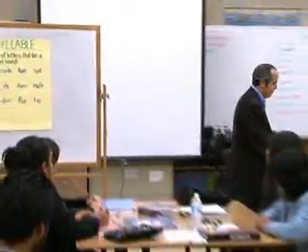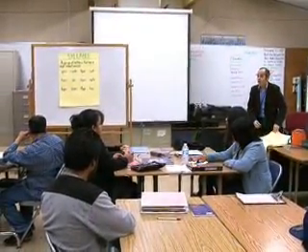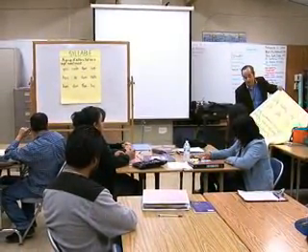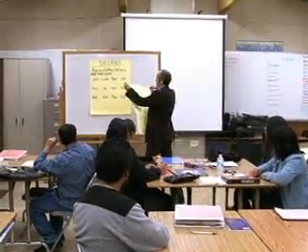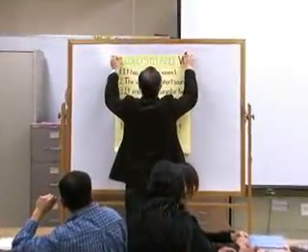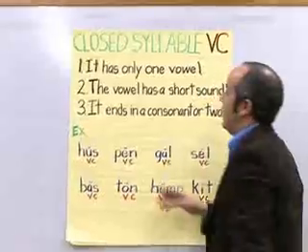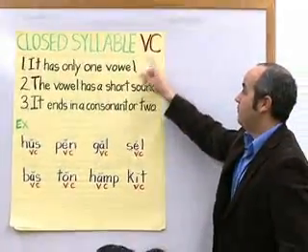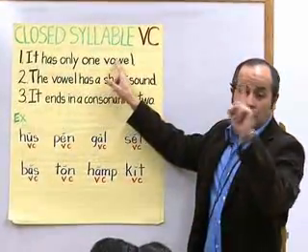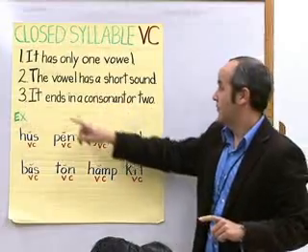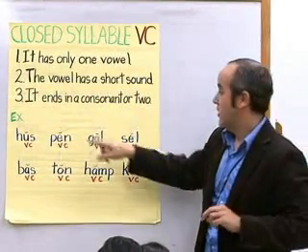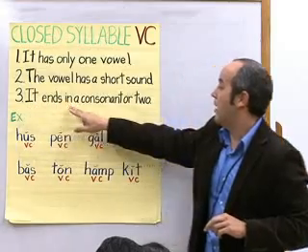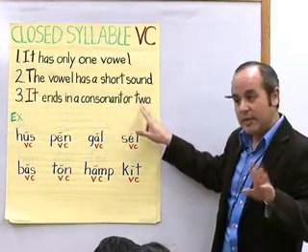Okay? Now, there are three things you have to remember about the closed syllable. The closed syllable has only one vowel in it. The vowel has a short sound, and this closed syllable ends in a consonant, sometimes two.